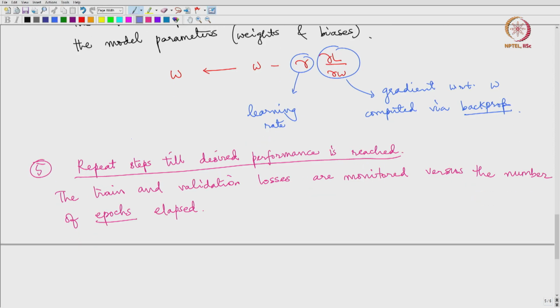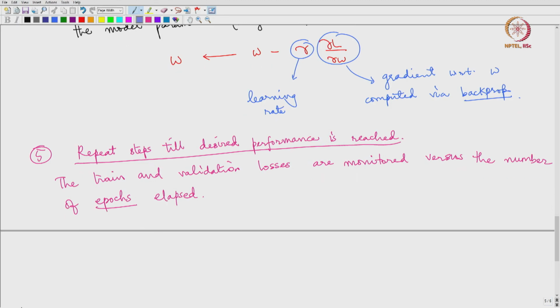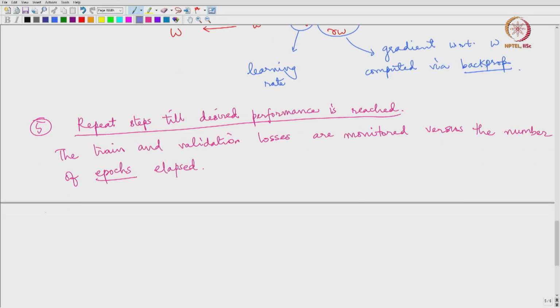So, what is an epoch, right, because training of ANNs occurs in mini batches. You know that training data is divided into random batches, and an epoch refers to a full pass over the training data set.